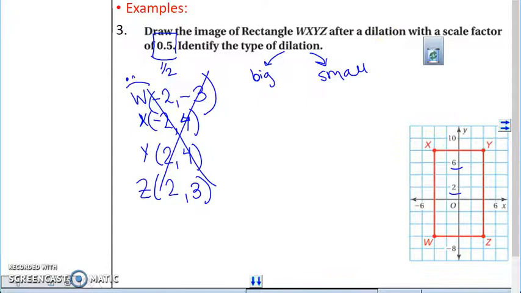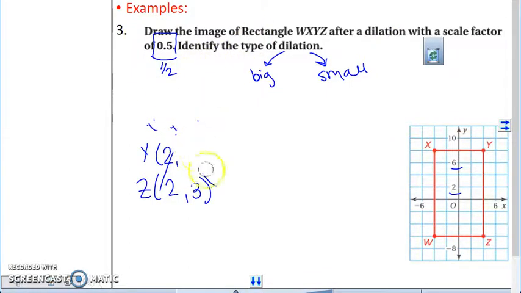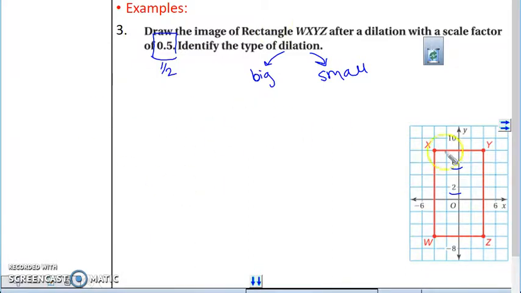All right, let's try this again and do it the right way. W goes left 4, because we're going by 2s, down 6.